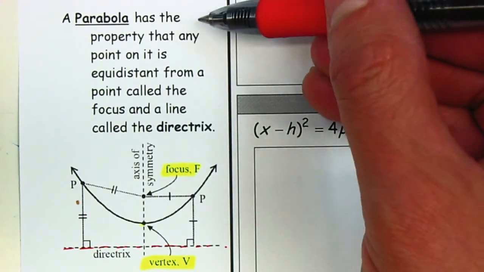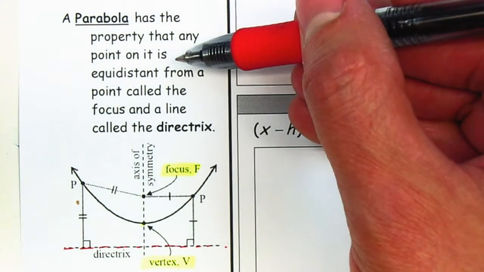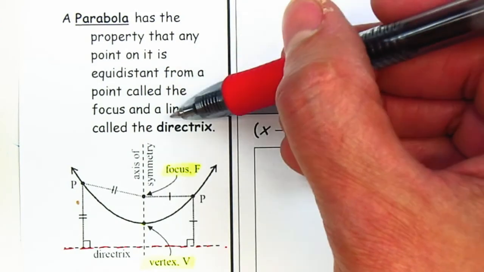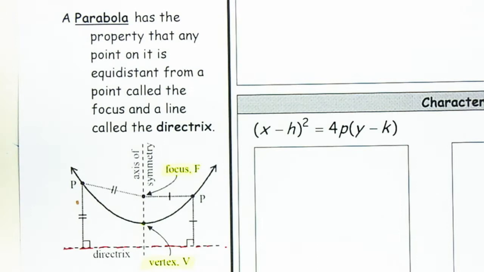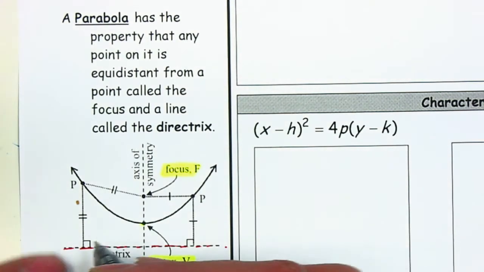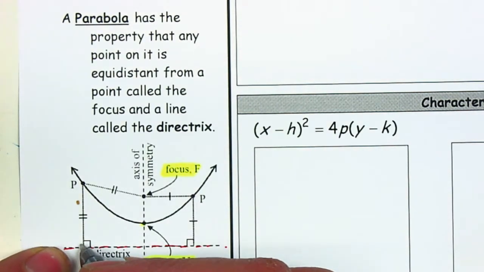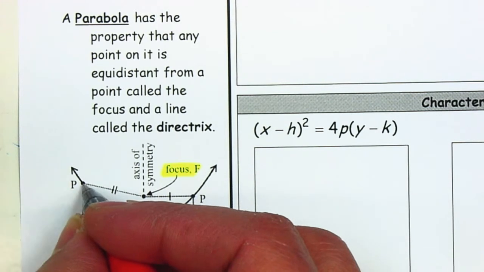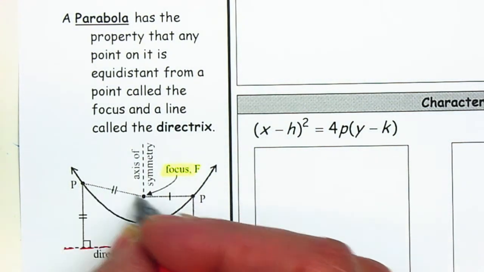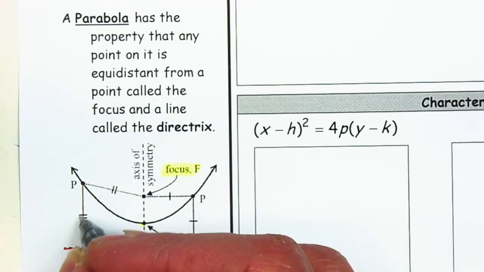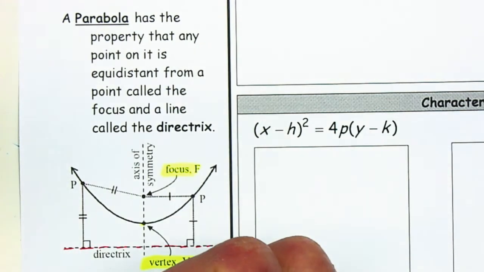And the parabola has the property that any point on that parabola is equidistant from the point called the focus and the directrix. Basically, if you go from any point on the directrix towards the parabola at a 90-degree angle and back to the focus, those two segments will be the same.